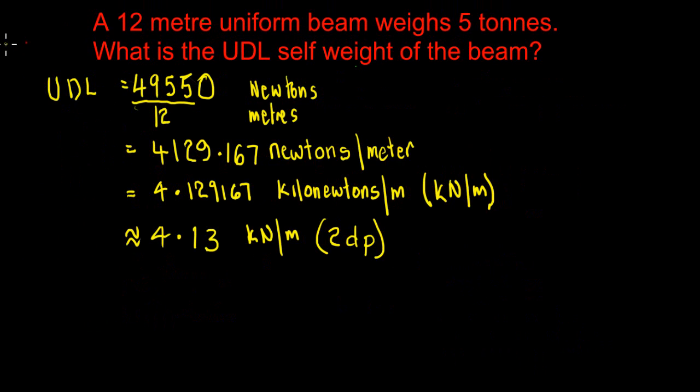Now the UDL, of course, as we know, is measured in newtons per meter. So we've got 49,050 newtons, got a 12 meter beam. Pretty simple, really. 4,087.5 newtons per meter. That's 49,050 divided by 12.